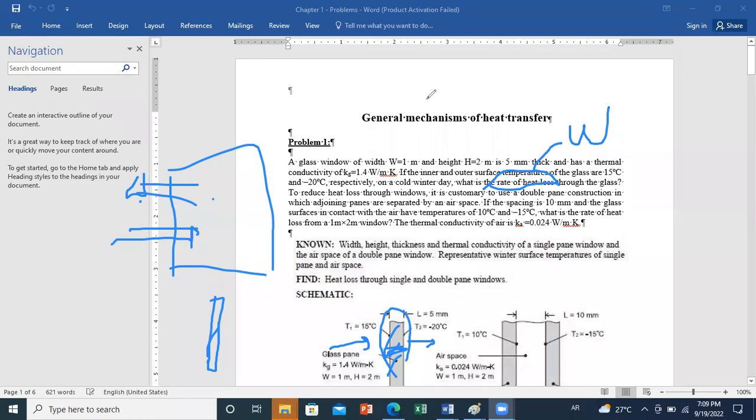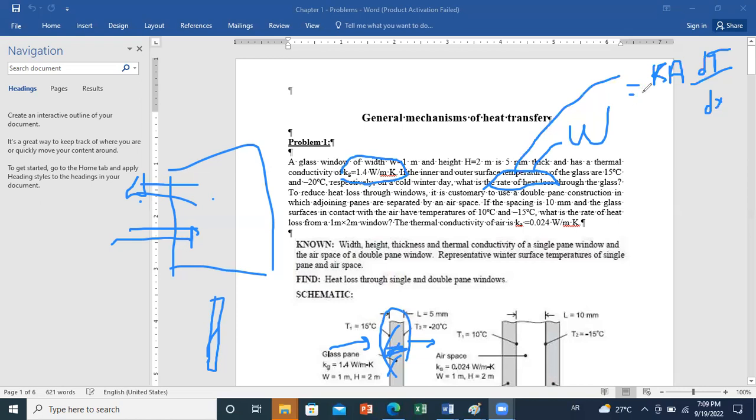The rate is minus K dT by dx, so since I want a rate here, it's minus K times area times dT by dx, and the result will be in watt. K can be given in watt per meter Kelvin or in watt per meter degrees, it doesn't matter, because delta T in Kelvin is equal to delta T in degrees.